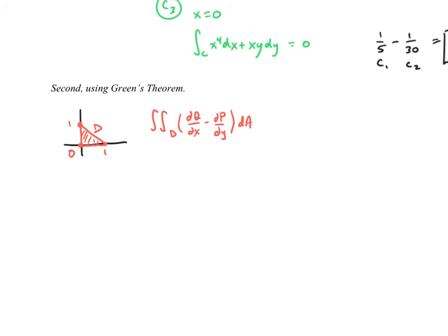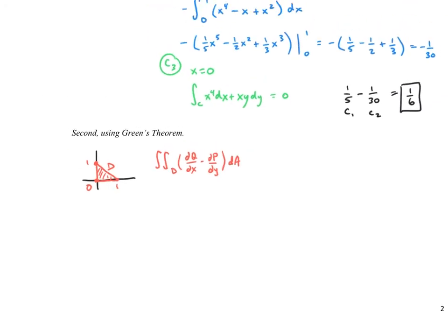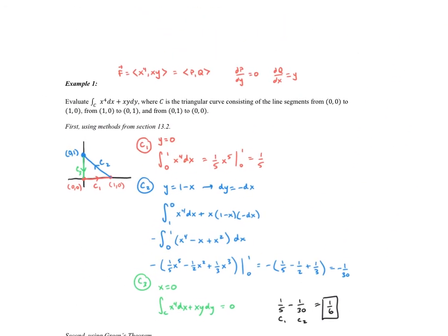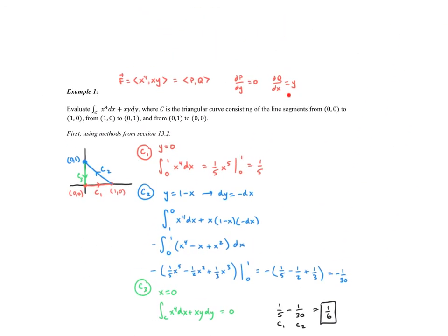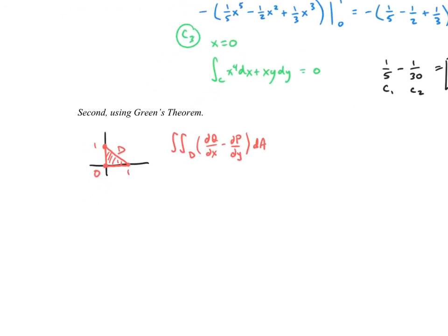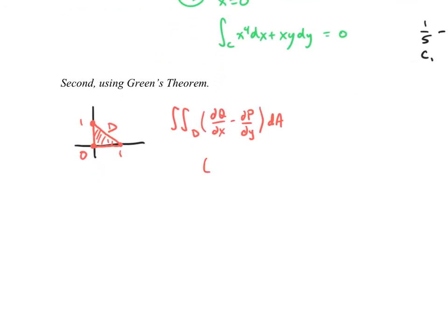We had already calculated dQ/dx and dP/dy above. dQ/dx was y and dP/dy was 0. So what this becomes is just the integrand y. And let's choose the order dy dx to substitute for dA.